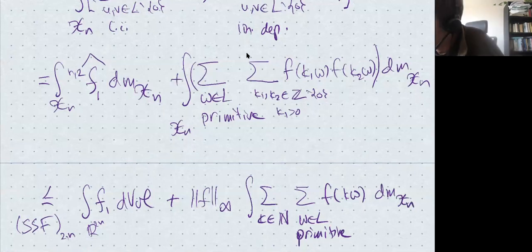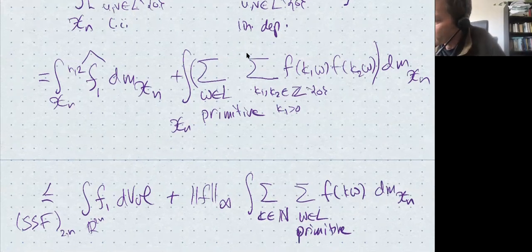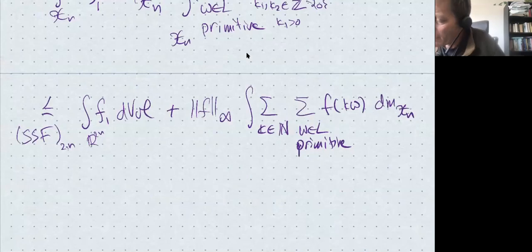Okay, so I've pulled this out of the formula and replaced it by the sup norm of f, giving me an upper bound. Both of these terms have a separate life.